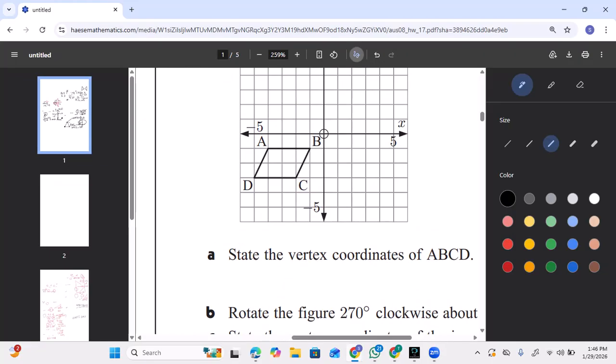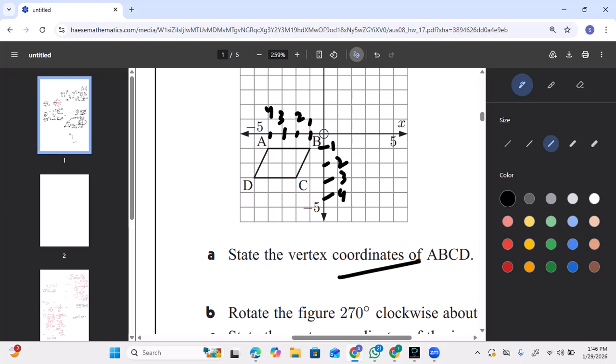Are you saying there are 4 vertices in ABCD? Yes, there are, but they are also saying to state the coordinates. So we have to identify them from the graph. We have to make the graph. We basically have 1, 2, 3, and 4 points here, and again 1, 2, 3, and 4 points here.